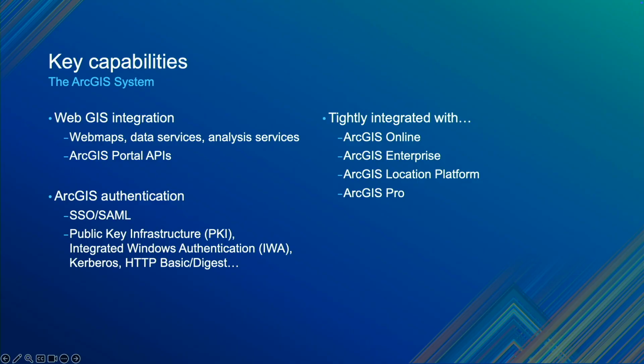They support ArcGIS authentication integrations with third-party SAML and single sign-on solutions, and network-based authentication like PKI and IWA. And as I've already alluded to, this means that the SDKs work directly with ArcGIS Online and ArcGIS Enterprise, including their sharing models and user types, and with ArcGIS Location Platform.